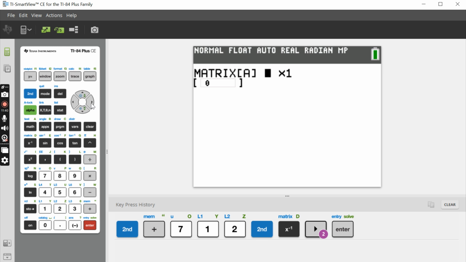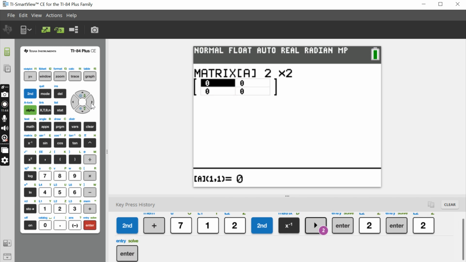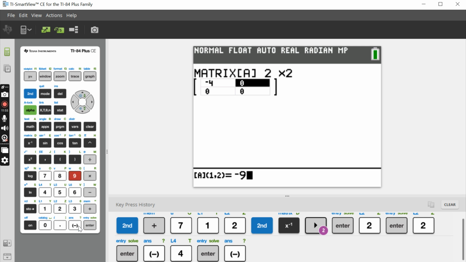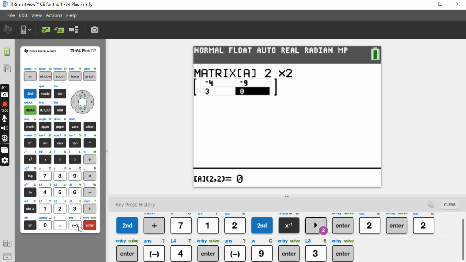And I'm going to type in my first matrix. Now I need the dimensions. My first matrix is a 2 by 2. So 2 by 2. And then I'm just going to fill in what it says. So it was negative 4, negative 9, 3, and negative 2.